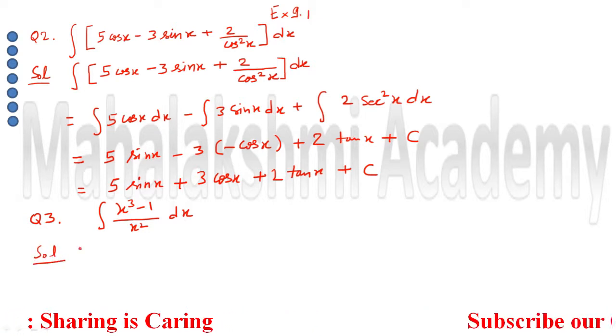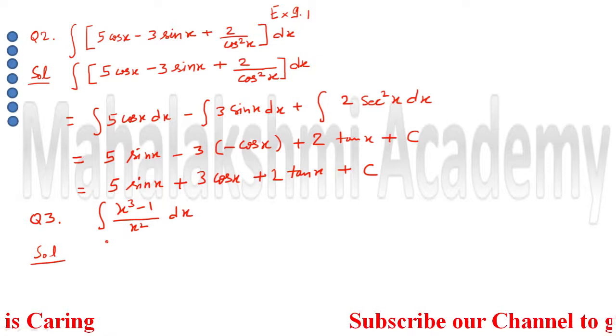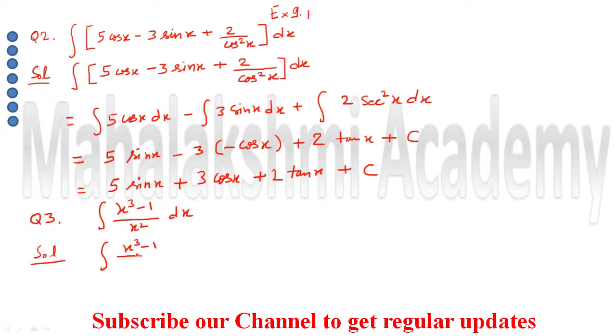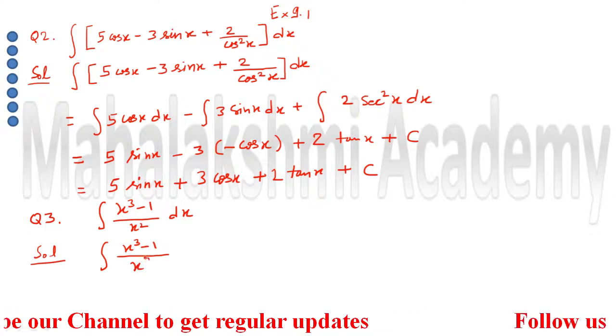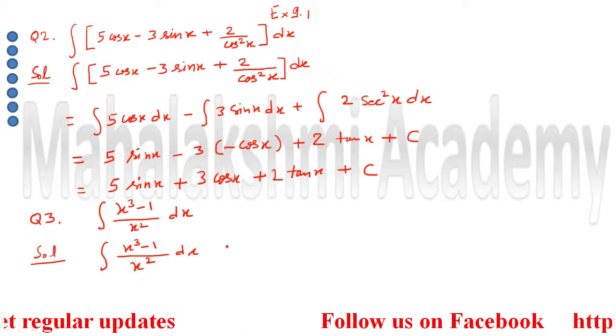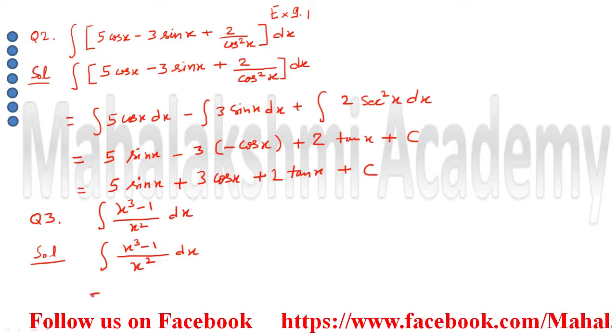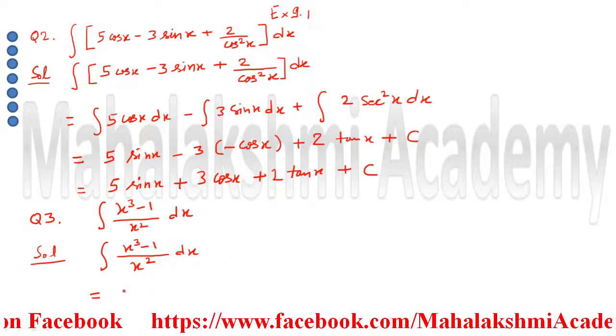When we solve, first I will write the question as it is: integration of (x cube minus 1) divided by x square dx. Then what we have to do is separate this denominator.